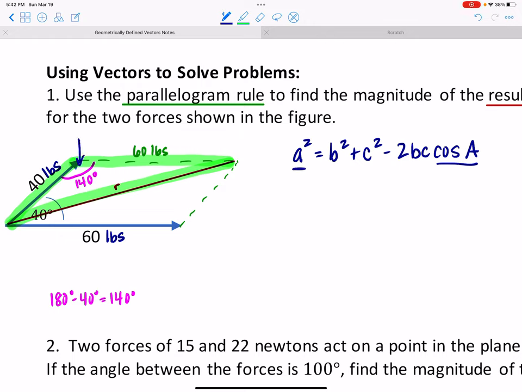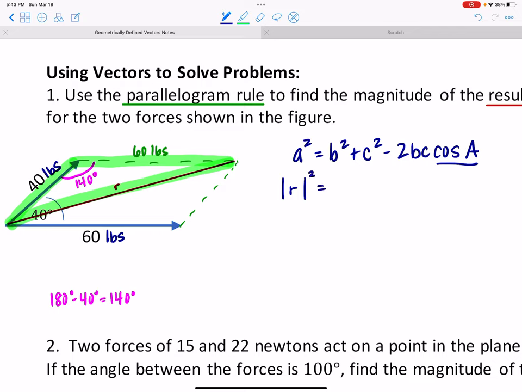This would be the side opposite of that angle. And then b and c would be the other two sides that are in the picture. So what we're going to say here is that instead of a, we have an r, and actually it's a vector in this picture. So I'm looking for the magnitude of that vector. So instead of calling it a, I'm going to call it the magnitude of r squared.